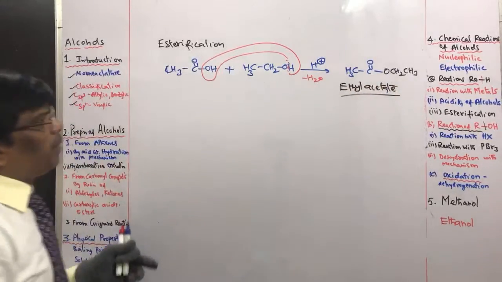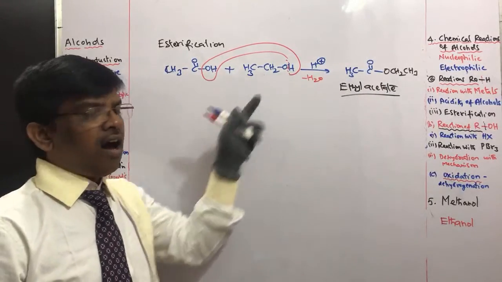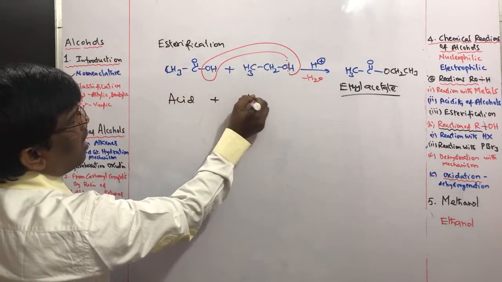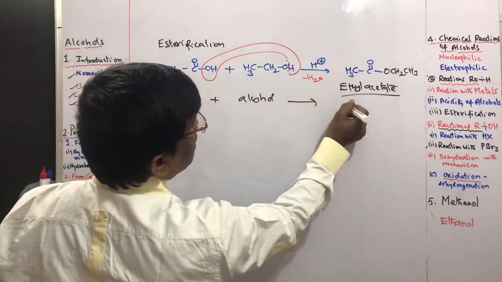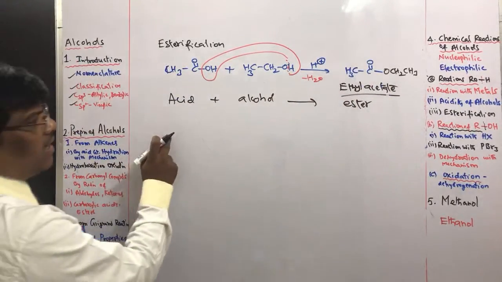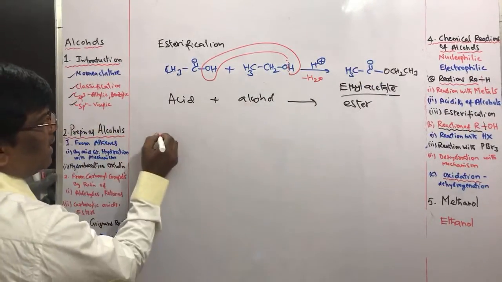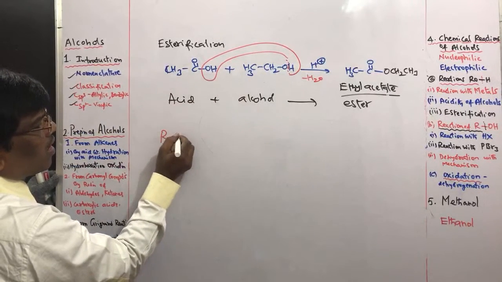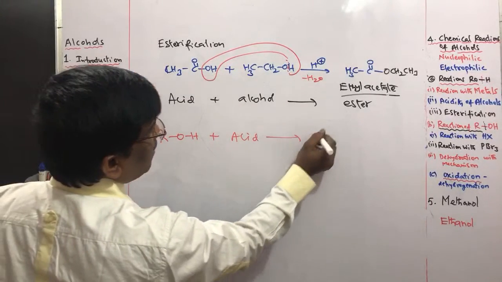Ethyl acetate can be prepared from acetic acid and ethanol; acid with alcohol gives ester. This is ester.